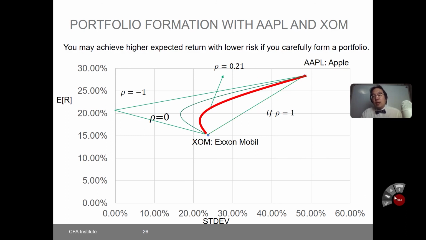If those two stocks are perfectly correlated, there's no reason for forming a portfolio. Because the stocks are less than perfectly correlated, many times we see a benefit of forming a portfolio. What kind of benefit is that?